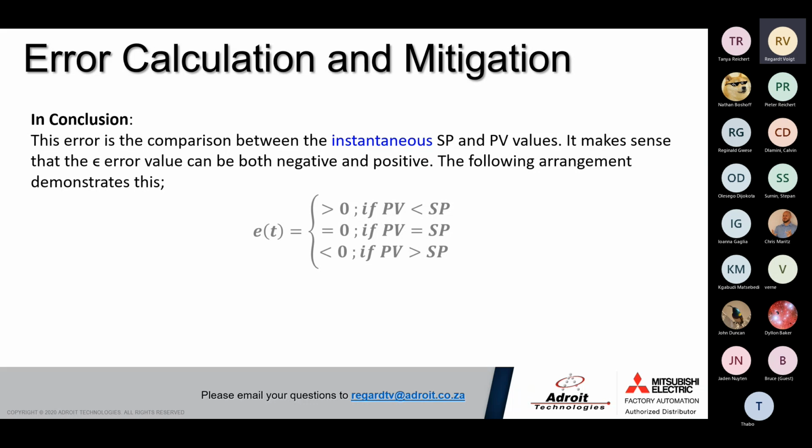If the valve or the VFD fills the tank, then obviously if the tank level goes too high, then the speed of the VFD will slow down, or the valve will close. So that would be a reverse control action.